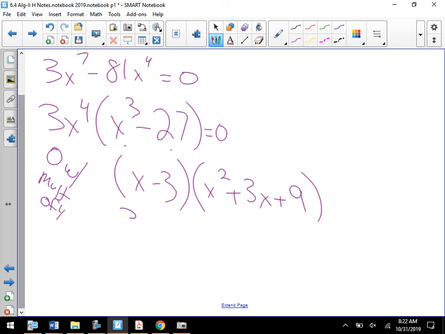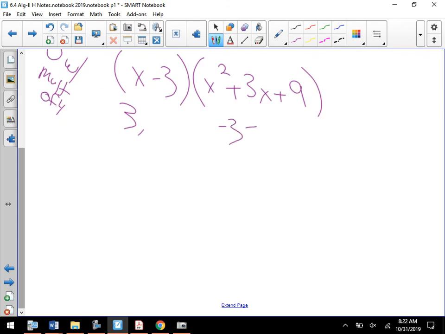So this 0 is 3. And then the other 0, we have to use the quadratic formula for. Negative 3 plus or minus the square root of 3 squared minus 4AC. 4 times 9, 36. Subtract that from 9, you get negative 27, sorry, and this was all over 2a, so it's 2.